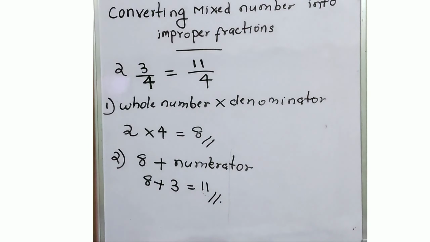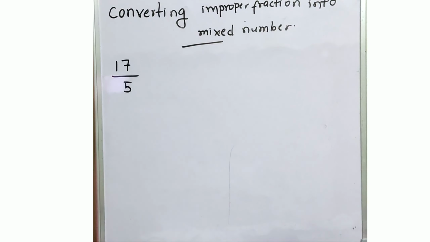Here we are going to convert the improper fraction 17 by 5 into a mixed number.